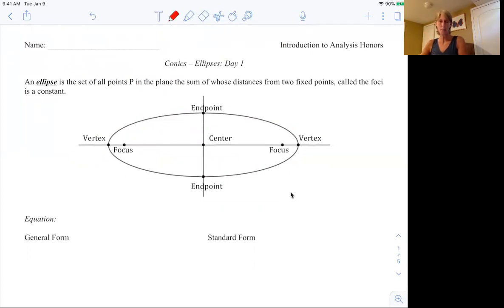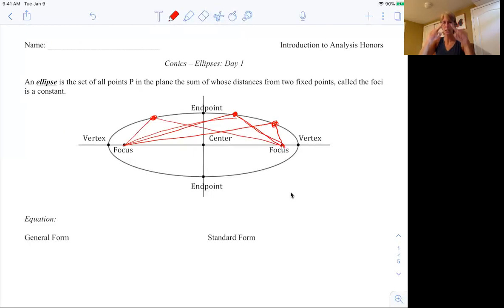So I have my ellipse in front of me. What this geometric definition means is if I was to take any point on this ellipse and draw a line from the focus to that point and the focus to that point, the length of this line segment plus this line segment, no matter where I go on that curve, if I add up those line segments, the distances will be the same.